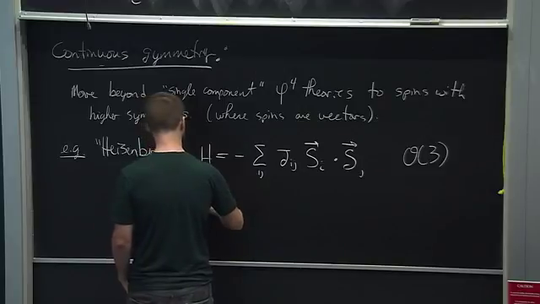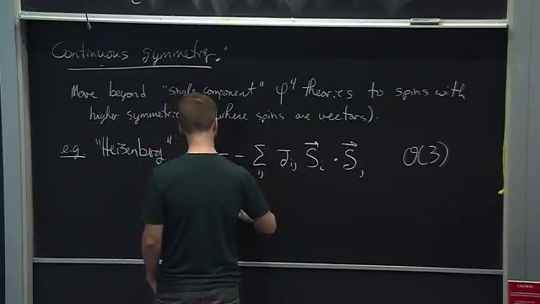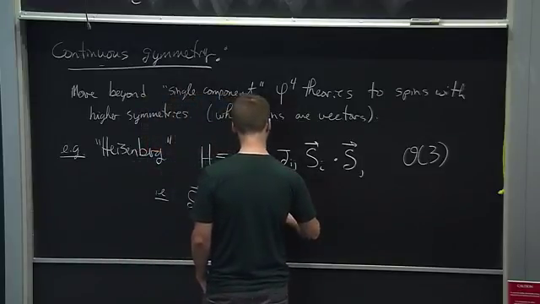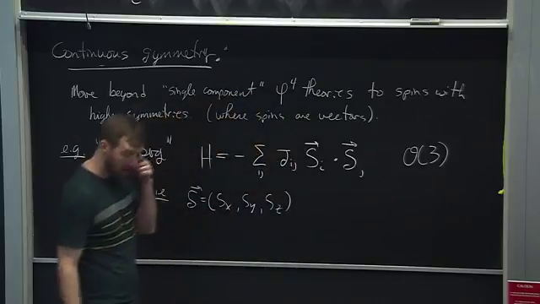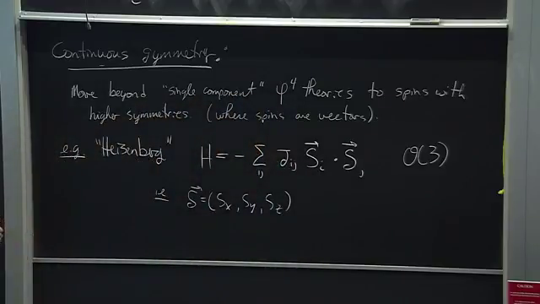So S has components Sx, Sy, Sz. Ising is just a special case of that, where you only have one spin component.